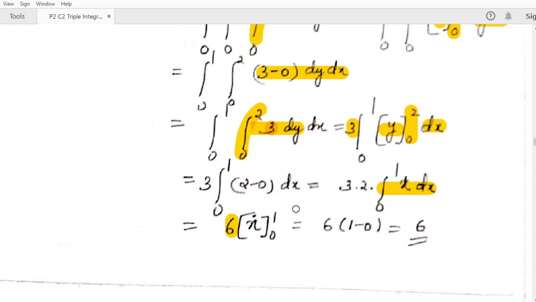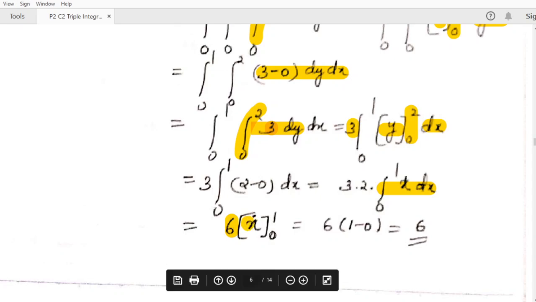So we get 6 into integral 1 dx is x, and the limits are from 0 to 1. After this, the next step we will be putting the upper limit minus lower limit for the variable x. We get 6 into 1 minus 0 equal to 6. So we get the volume as 6.